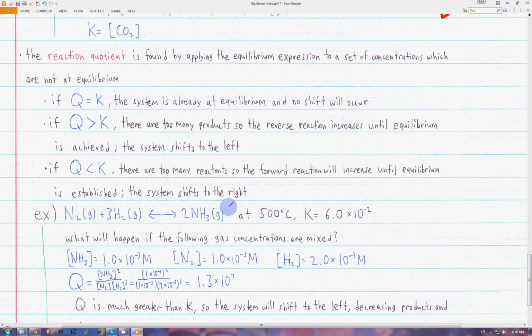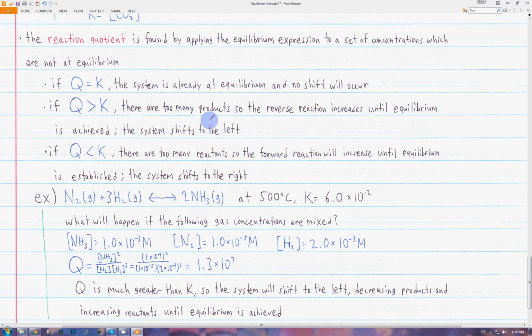So the last thing we're going to look at in this video is the reaction quotient. And the reaction quotient is just applying the equilibrium expression to a set of concentrations that aren't at equilibrium.